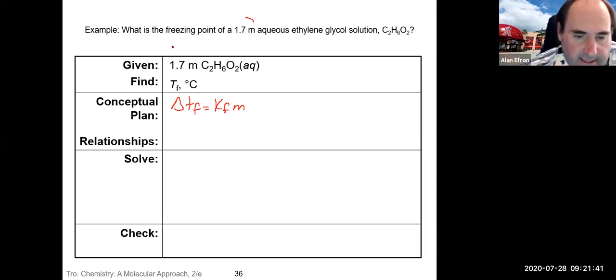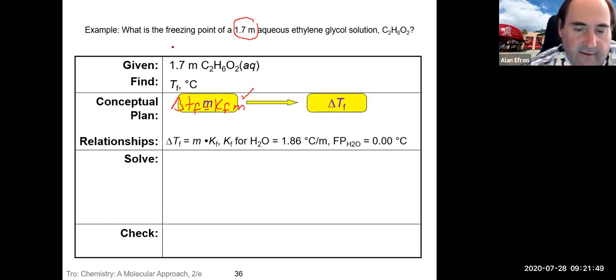In this particular case, they gave us m, which is here. We would go to that table and find the freezing point constant for water, which is 1.86 degrees Celsius per molality. So we have our Kf and we have our m given to us in this problem.